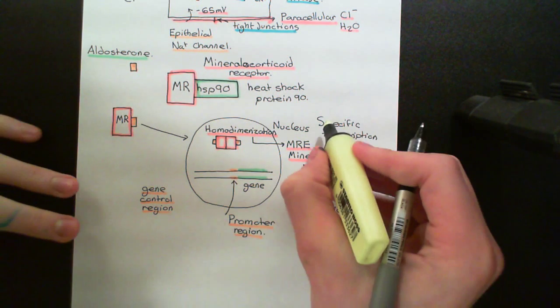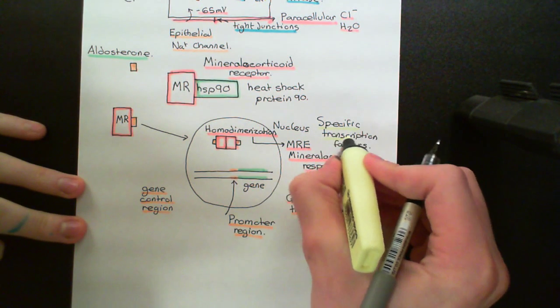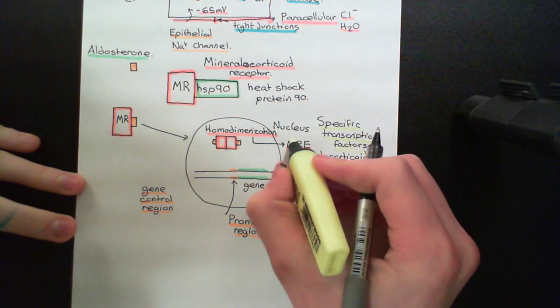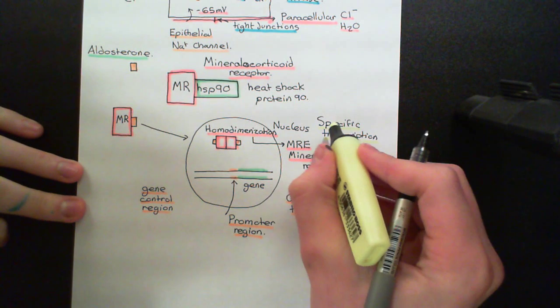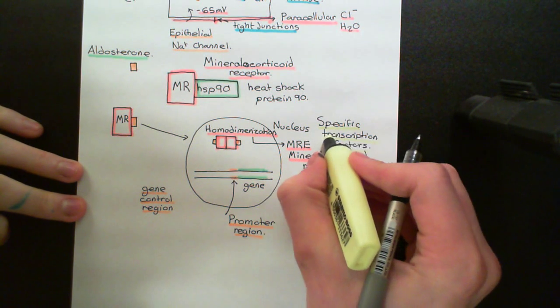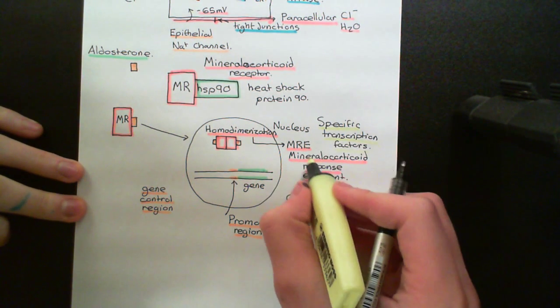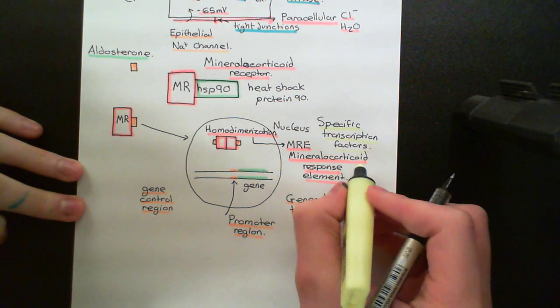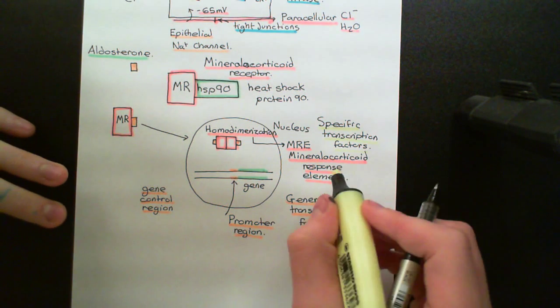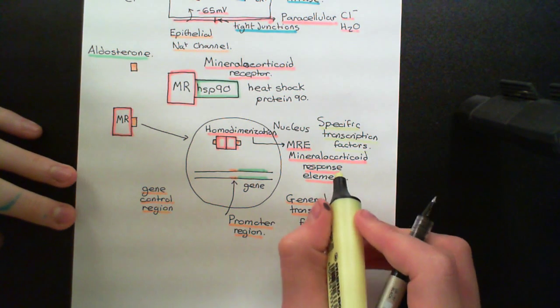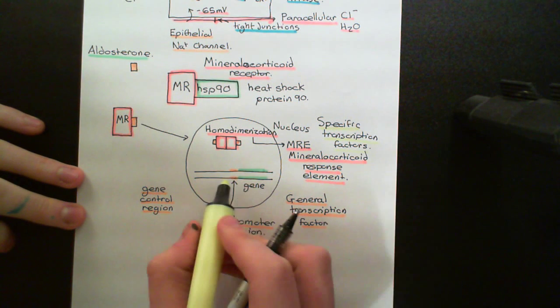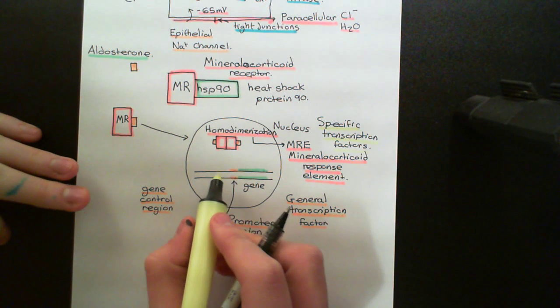In contrast, the specific transcription factors, there are loads of these, and the mineralocorticoid receptor is an example. These are the ones which will have some sort of response element which they're capable of binding to, in this case the mineralocorticoid response element, and this will be found in the portion of the gene control region upstream of the promoter region in certain genes.